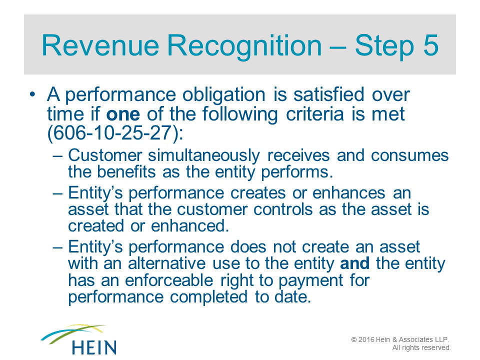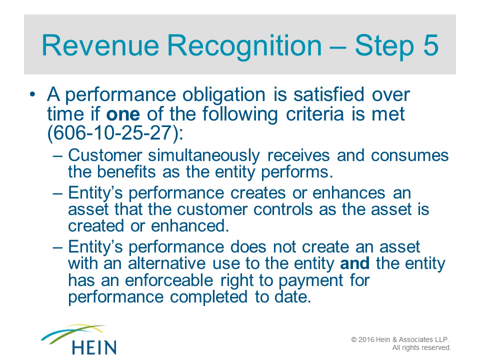Okay, first we're going to look at when it will be appropriate to recognize revenue over time. We have 3 criteria, and you'll notice we've highlighted the words one of the following. So it's any of the following 3 items that determine whether revenue can be recognized over time. The first criterion is that the customer simultaneously receives and consumes the benefits as the entity performs.